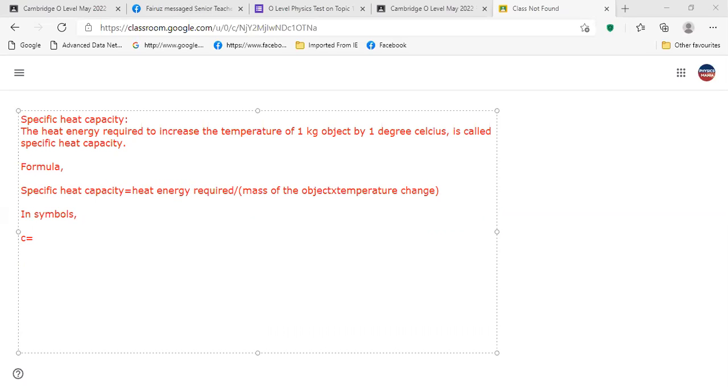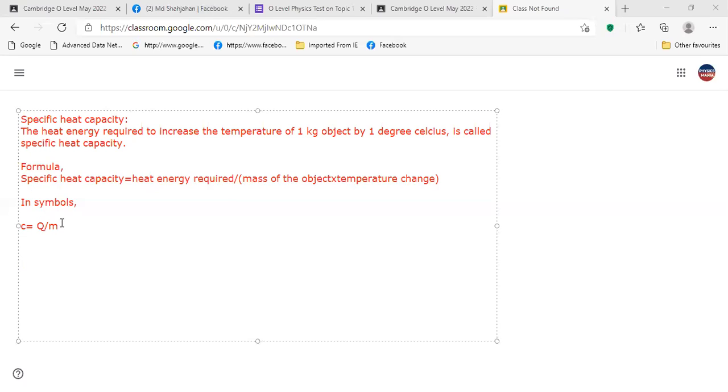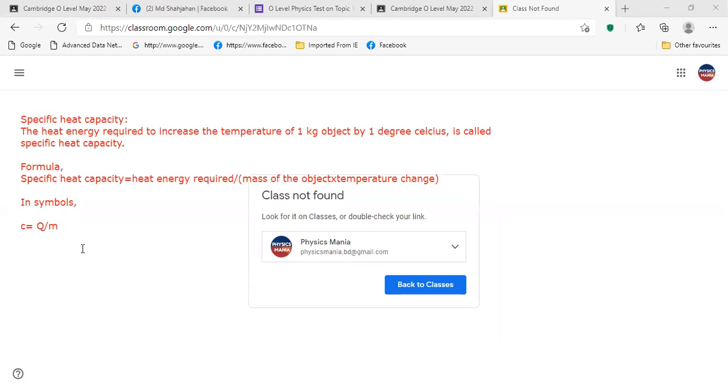Small c equals heat energy required, Q, divided by mass, then del theta. I have to write del theta here, there is no alternative. Del theta, temperature change.